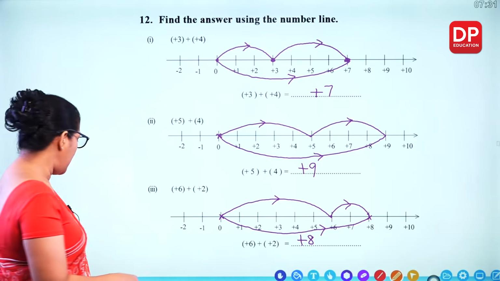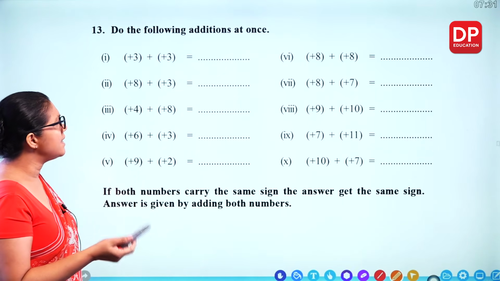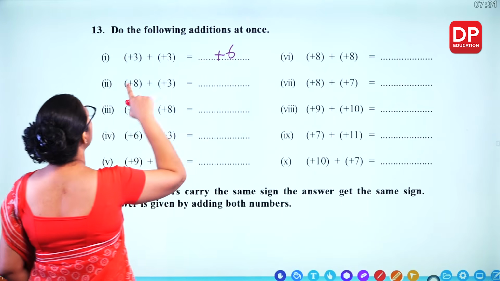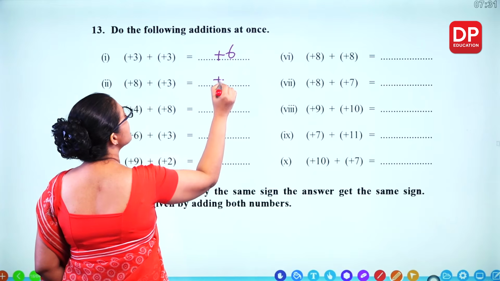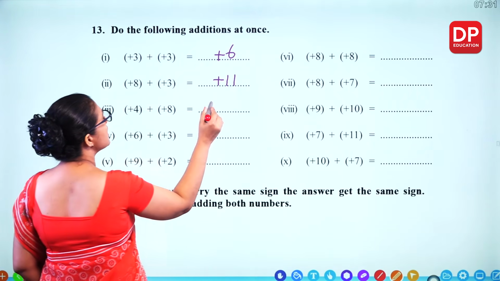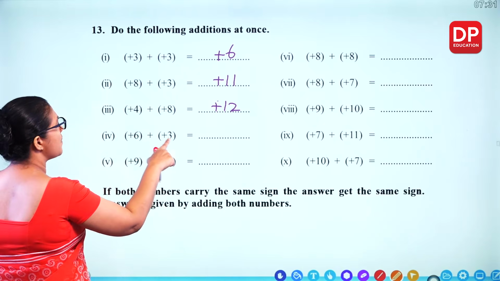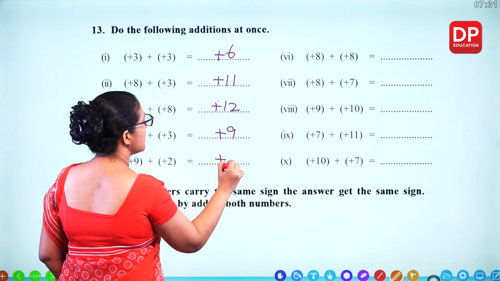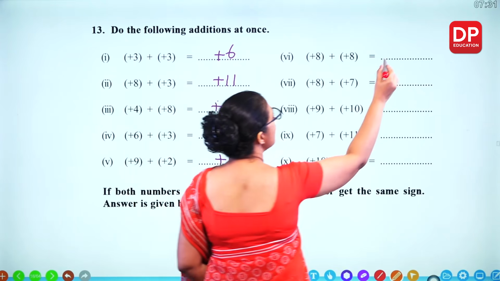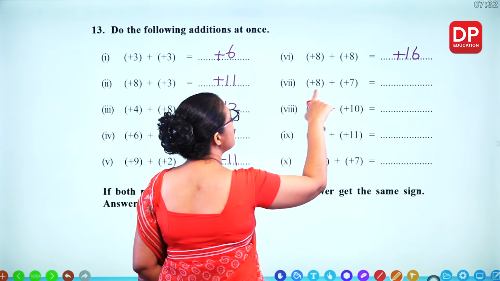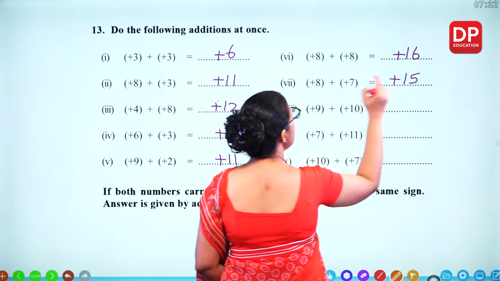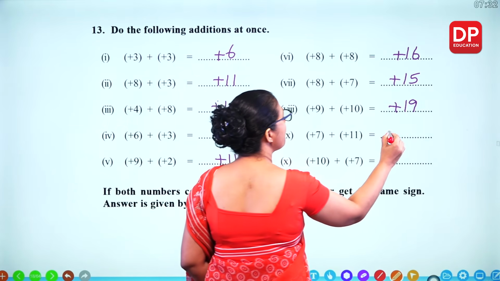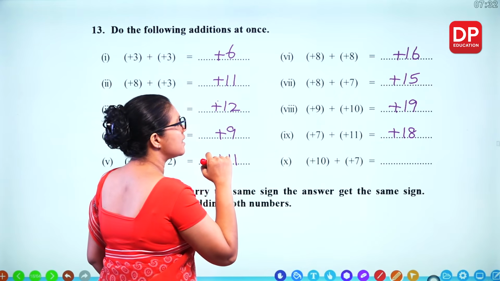So without the number line, when you get two positive numbers adding, you can just write down the addition. 3 and 3, plus 6. 8 and 3, plus 11. 4 and 8, plus 12. 6 plus 3, plus 9. 9 plus 2, plus 11. 8 and 8, plus 16. 8 plus 7, plus 15. 9 and 10, plus 19. 7 and 11, plus 18.